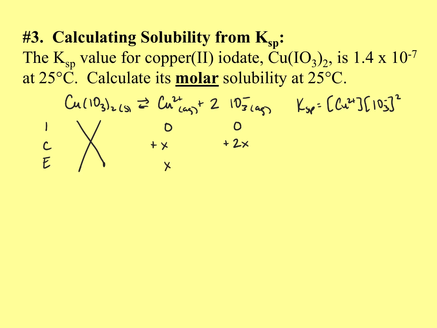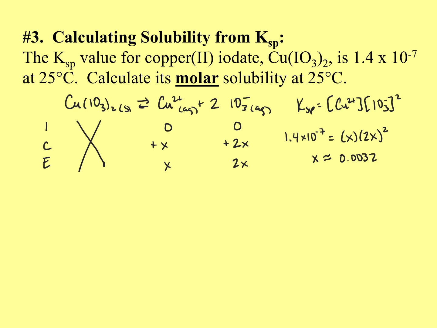So we have x and 2x. So Ksp is 1.4 times 10 to the negative 7th, and Cu2+ is x, and IO3 negative is 2x, squared. So pause the video and take a moment to use your math skills to determine the value of x.